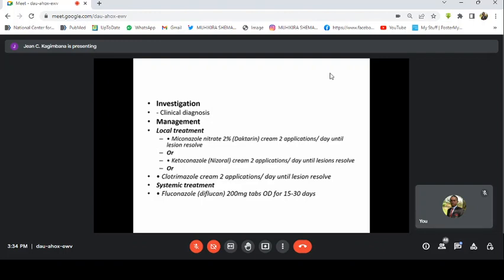And in immunosuppressed conditions, the disease becomes even severe. Okay? Treatment, local treatment, and systemic with antifungal treatment like fluconazole, the most common and known. Okay?